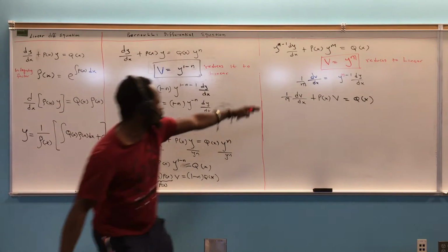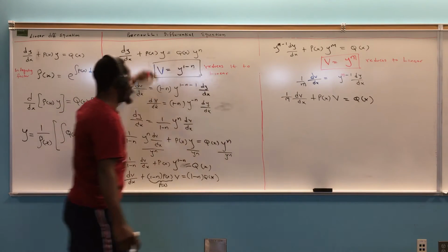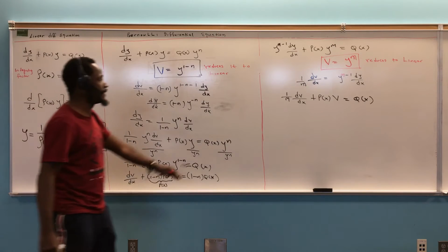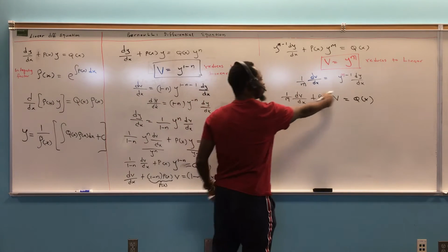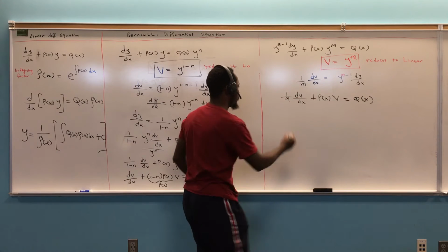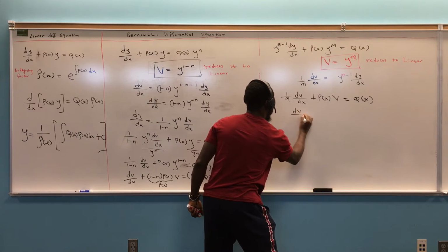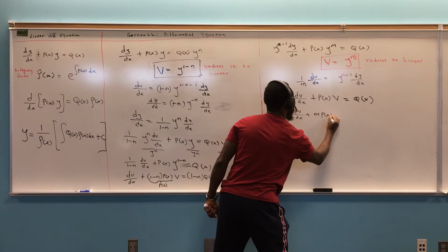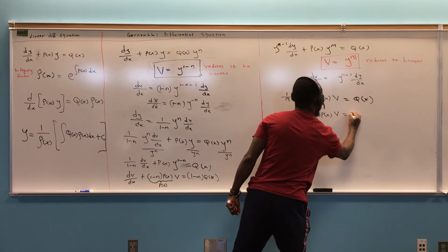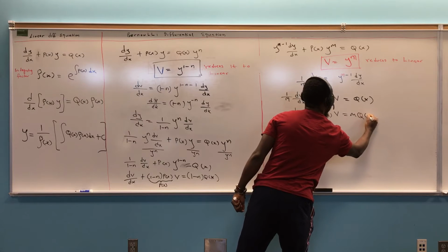Transforming it is so short, 2 steps compared to this. And it's linear. All I need to do is multiply all through by m: dv/dx plus m p of x v is equal to m q of x.